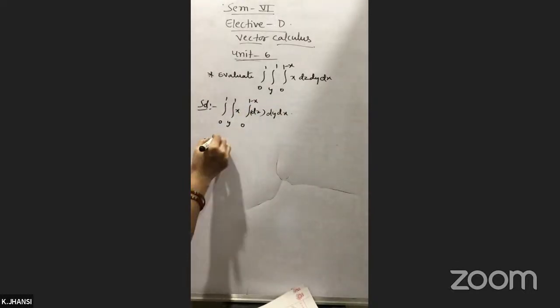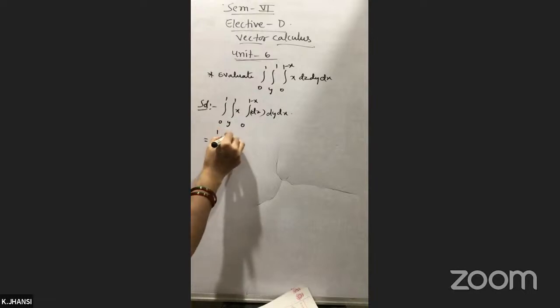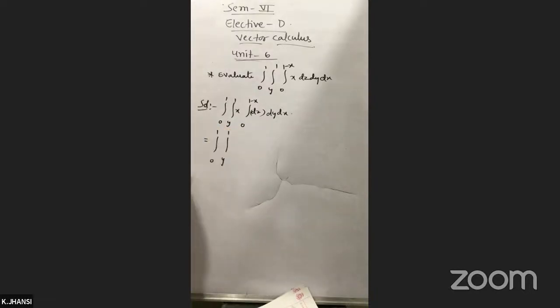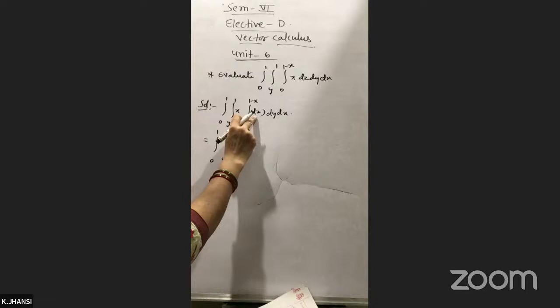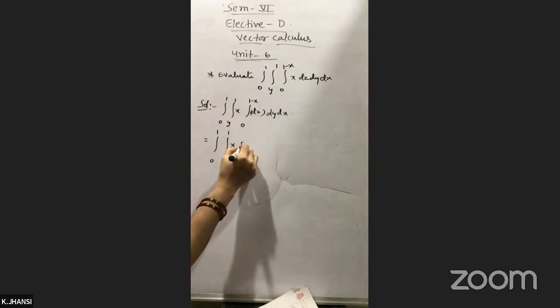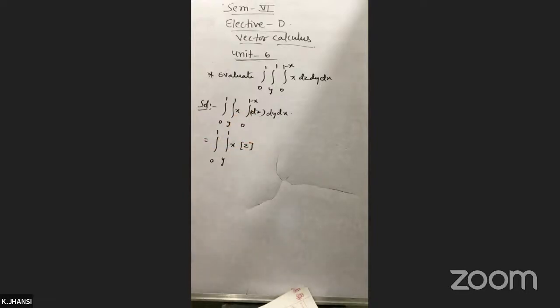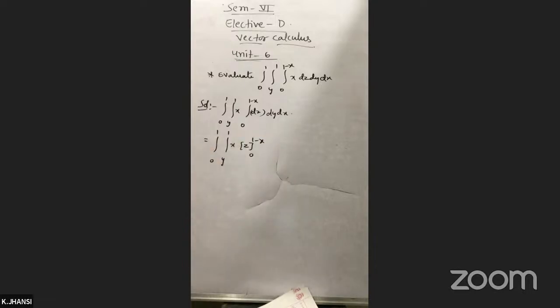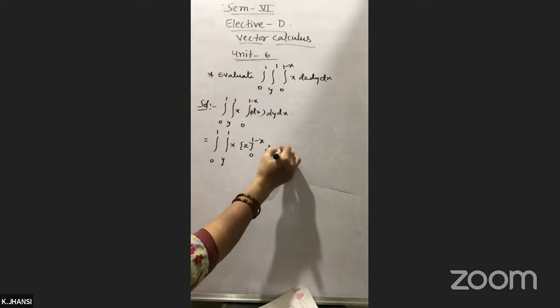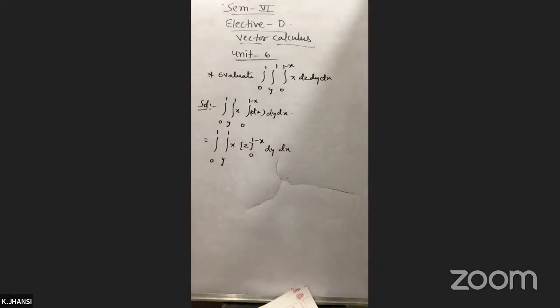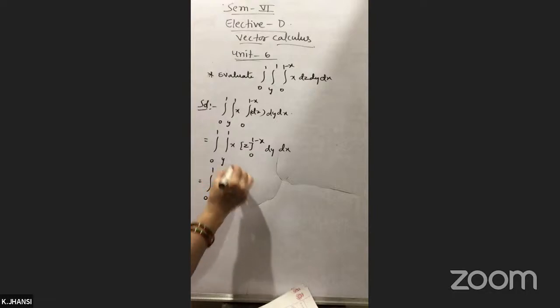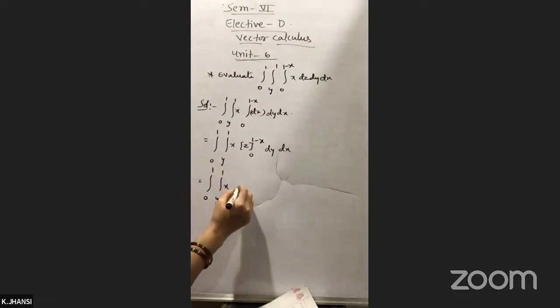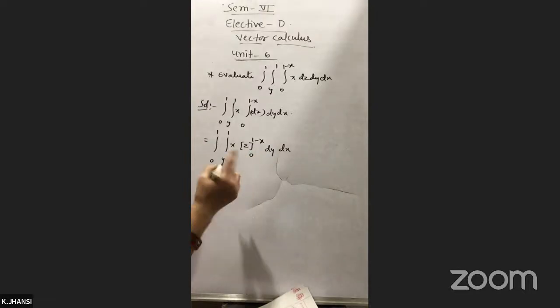So it is equals to 0 to 1, y to 1, x. So dz integration is z we have, and here the limit values are 0 to 1 minus x, dy dx. Okay. So one limit is z value is 1 minus x, another one is 0.